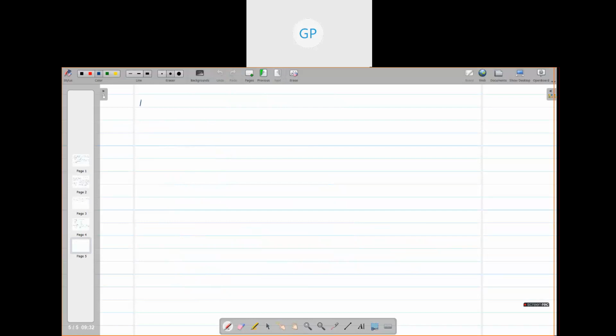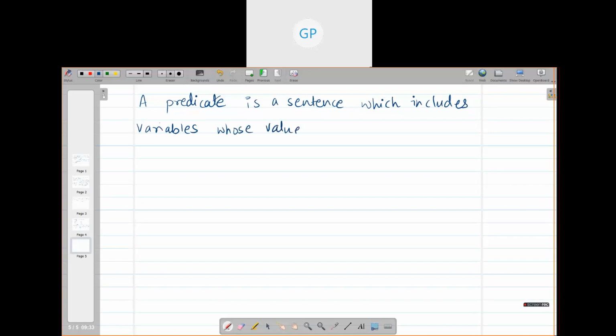A predicate is a sentence which includes variables whose values are not specified.